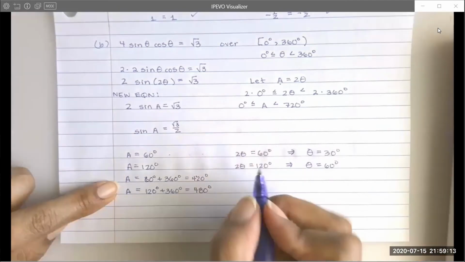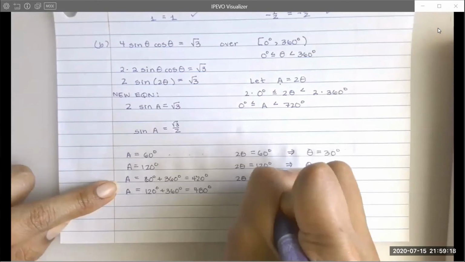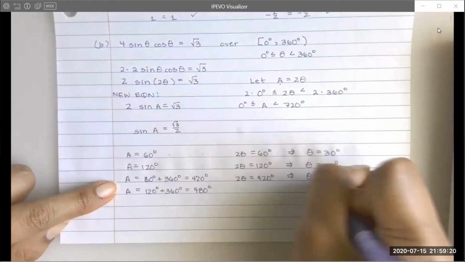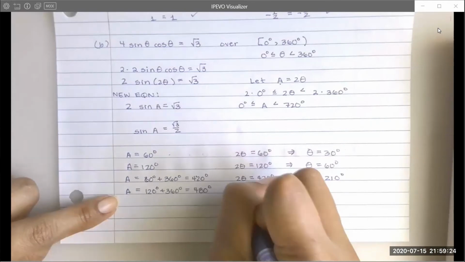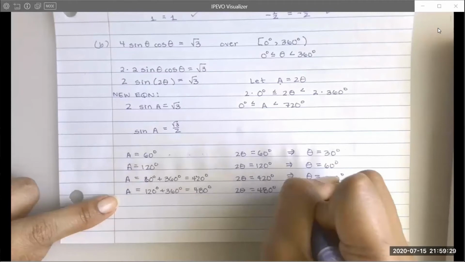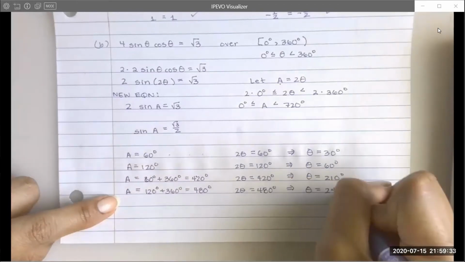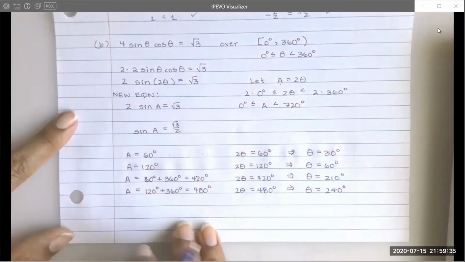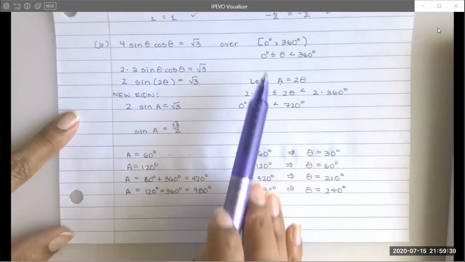For the next one, we have 2 theta equal to 420, which means that theta would be 210. And last one, 2 theta equals 480. That means that theta is equal to 240. Notice all of these angles are within the range 0 to 360.